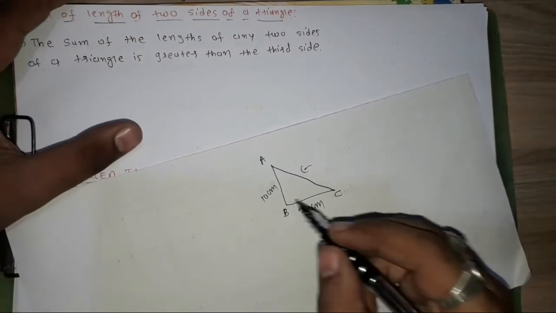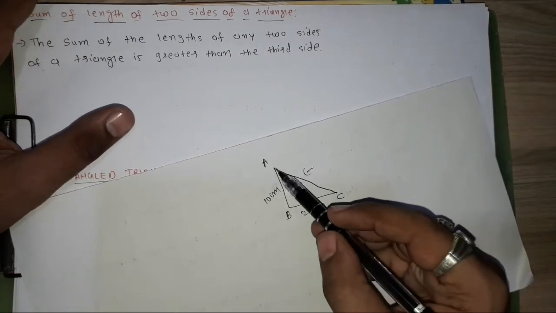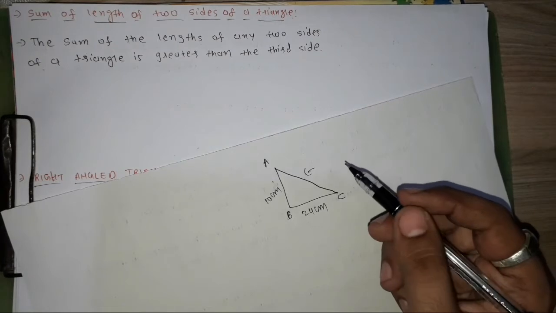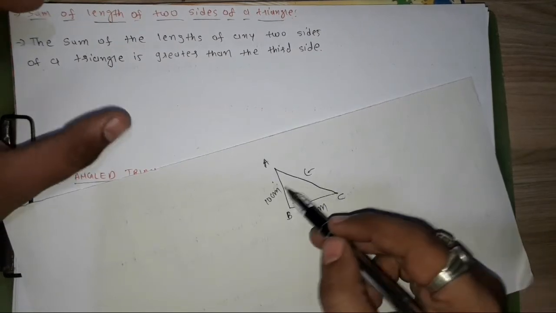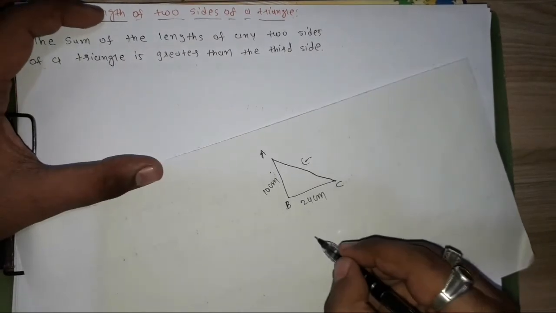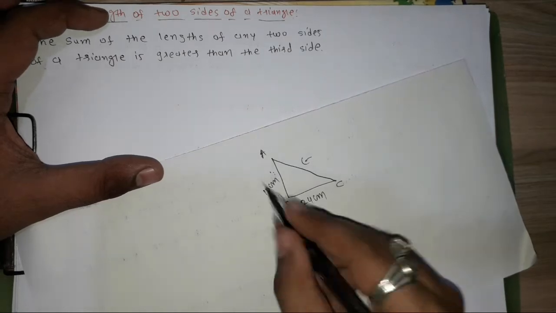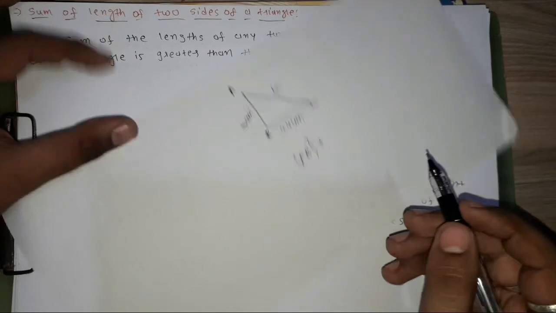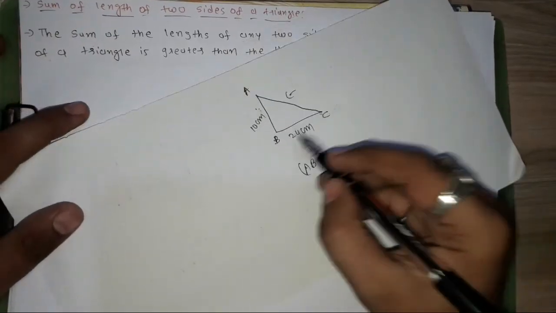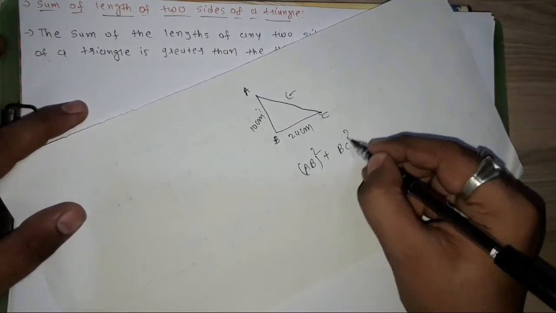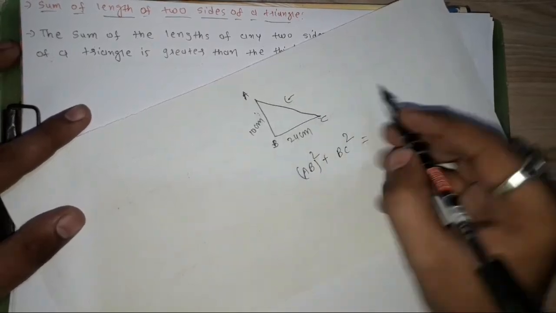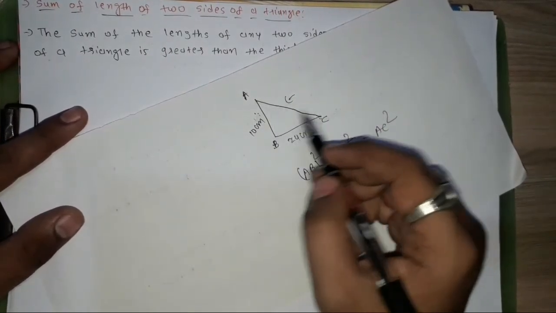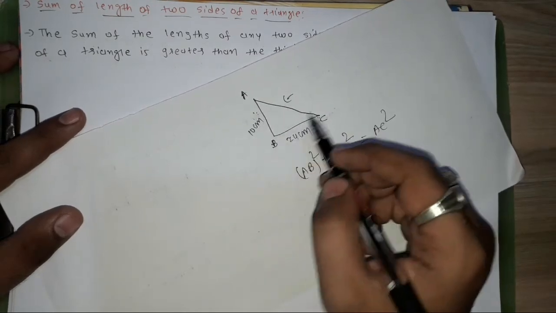The Pythagoras theorem can be used only for a right angle triangle. So AB square plus BC square is equal to AC square. The sum of the squares of the two sides will be equal to the hypotenuse square.